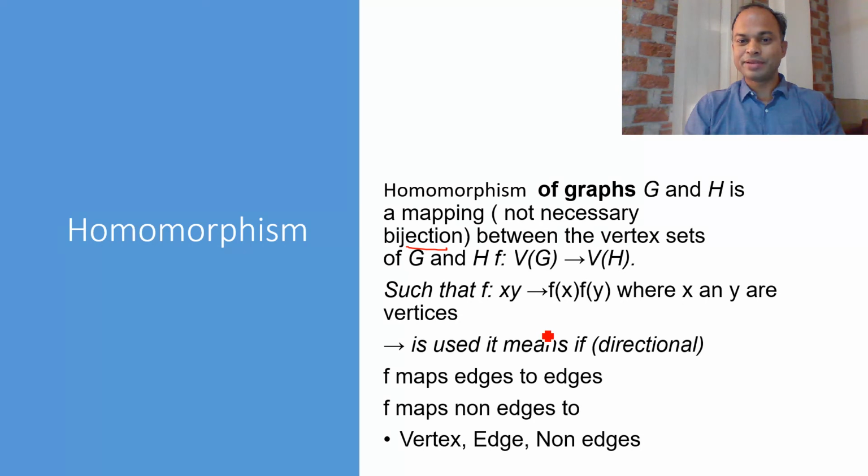Further, we have mapping of edges to edges. This is a directional mapping, but in the previous case it was bidirectional. For the directional mapping, our sufficient condition is that f maps edges to edges and f maps non-edges to either a vertex, an edge or non-edges.